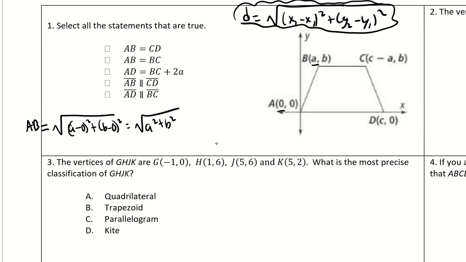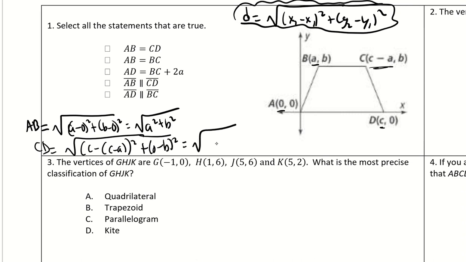So that's AB. And then we have to see if that's the same thing as CD. So CD equals square root. So we got to subtract the coordinates, right? So we got to do C minus A squared plus 0 minus B squared.